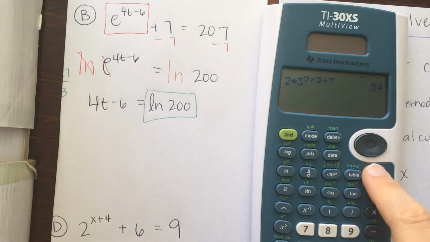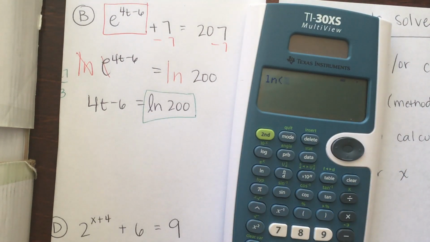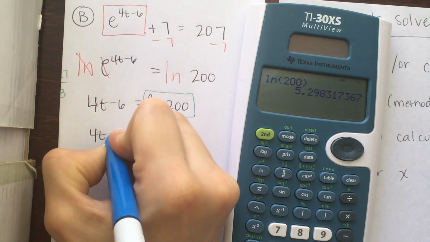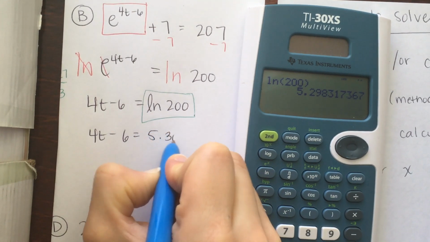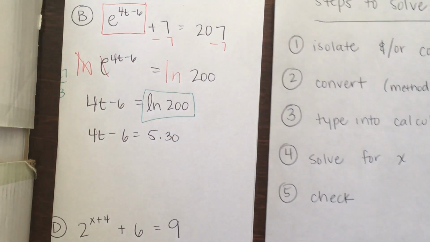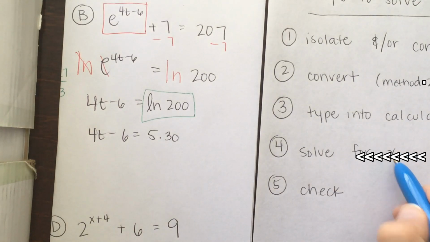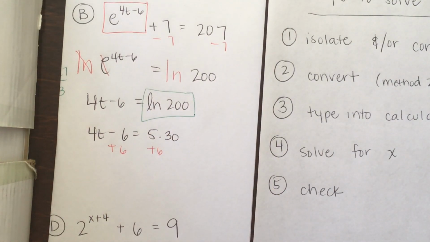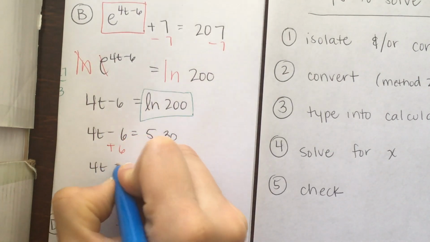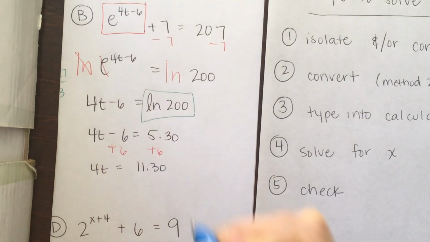This is all calculator buttons. Everyone should have a natural log button. If you don't, you can use change of base. And I'll get 4t minus 6 equals 5.30. Solve for t in this case. That means I need to add my 6 over to the other side before I divide by 4.